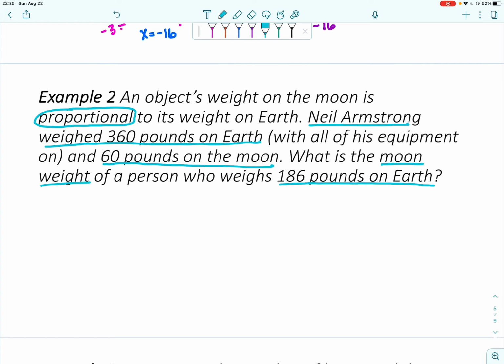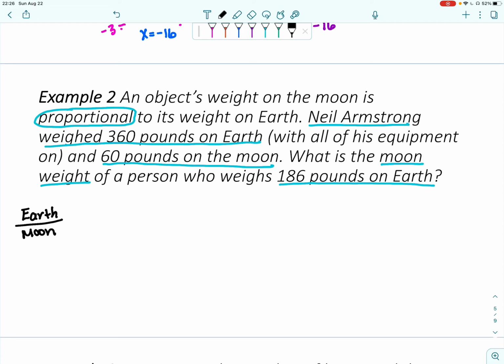There are a couple of different ways that you can set up this proportion. The most important thing to remember when you are setting up these proportions is you have to be consistent. And what I mean by that is I'm going to set up my proportions by putting the earth weight over the moon weight.